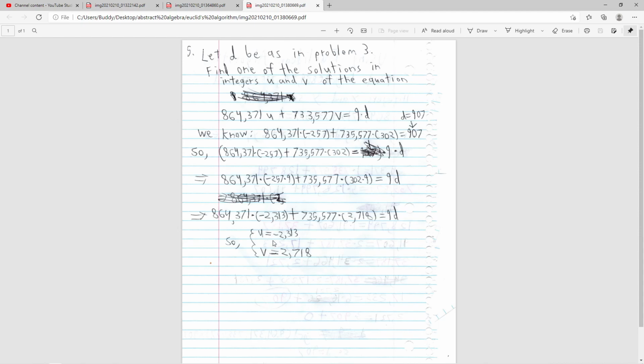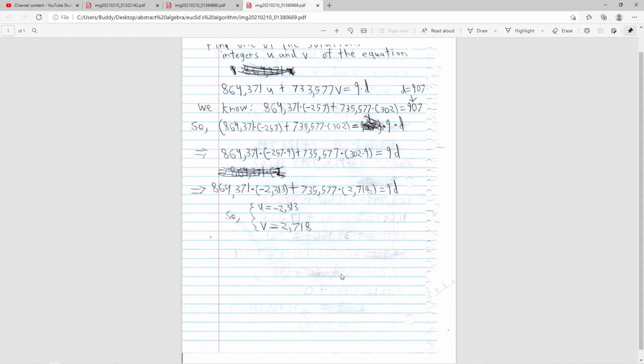You're multiplying d, your greatest common divisor, by a factor, and you can multiply x and y by that same factor to get the new values. That's all that's done here without much math needed, just a very basic trick. This trick works and you get your answer, and that's all you have to do.